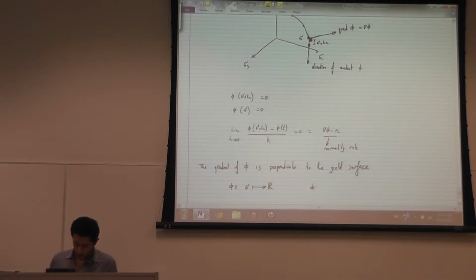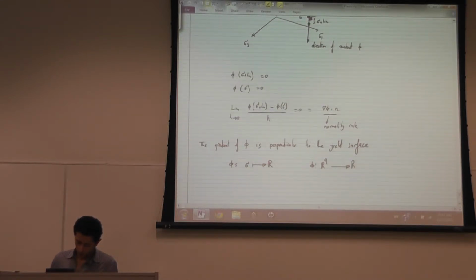You can look at phi as if it's a function from R to the power 9 to R. The gradient of phi is equal to the gradient of phi with respect to sigma ij.